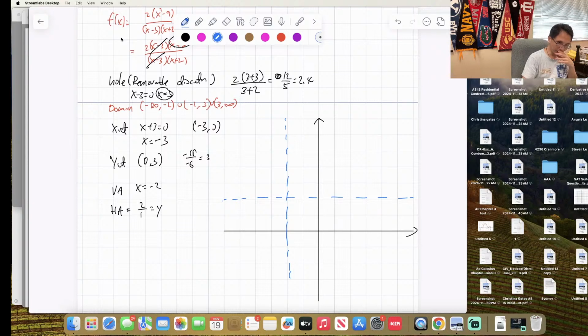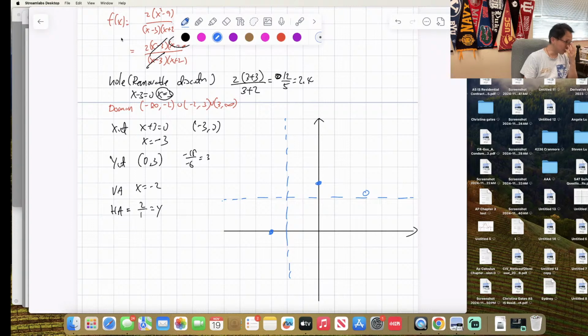The y-intercept is (0, 3). By this, you can already tell what the graph is probably going to look like. The x-intercept is going to be -3. And the hole is at (3, 2.4). So it's probably right here.